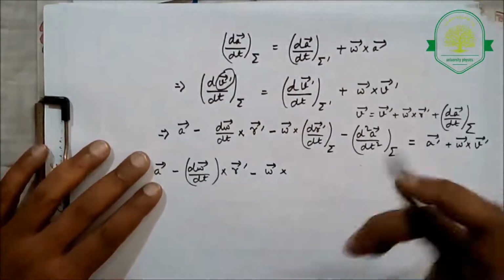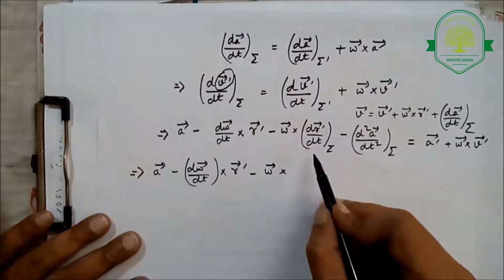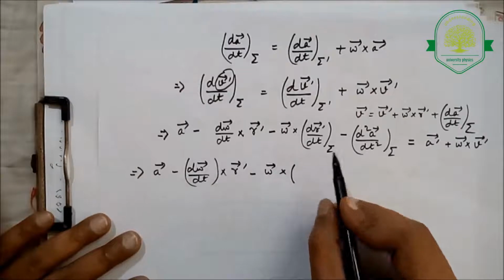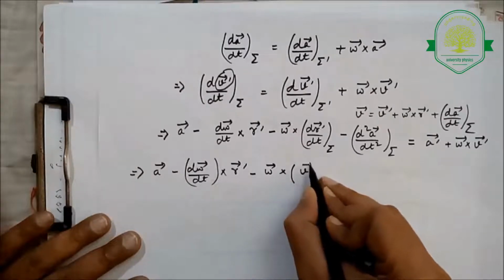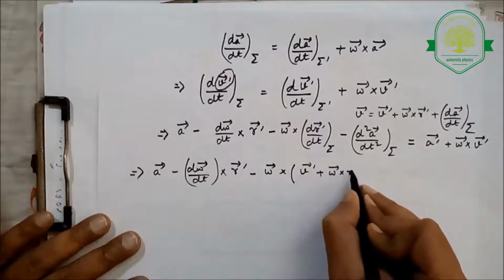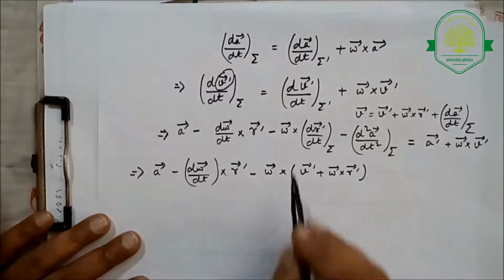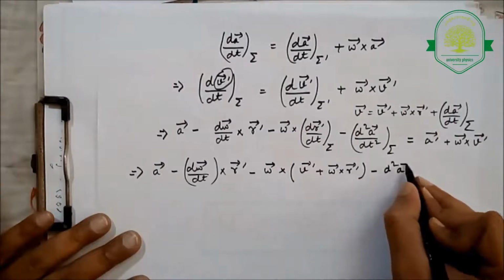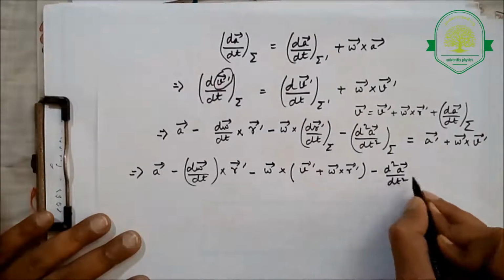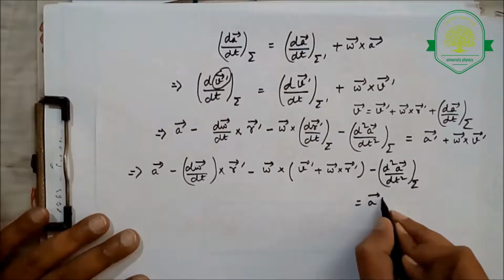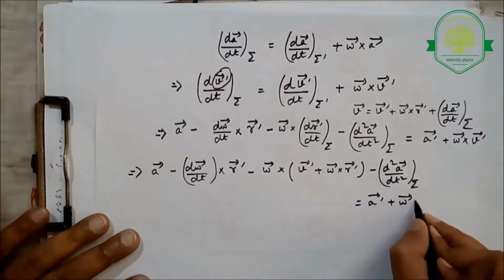So dr primed over dt as done in the sigma frame is just dr primed over dt as seen in the sigma primed frame, which is just v primed plus omega cross r primed. So that's this term minus d squared a over dt squared in sigma equals a primed vector plus omega cross v primed.